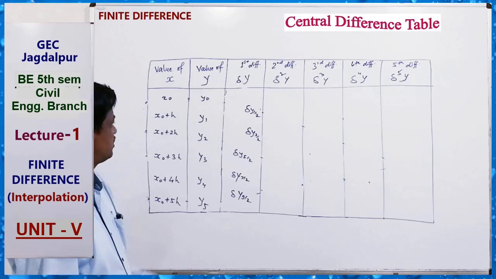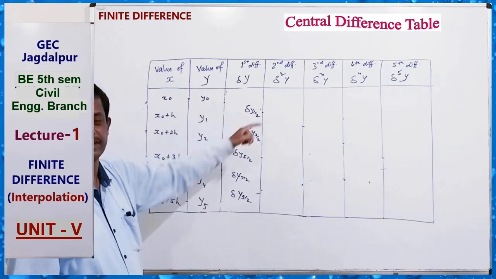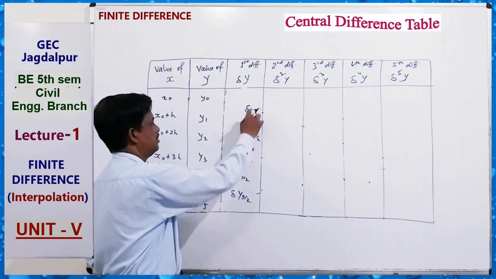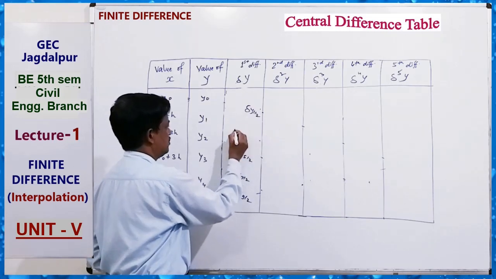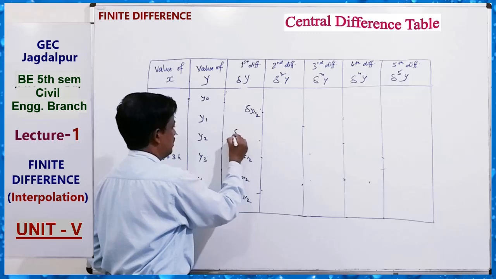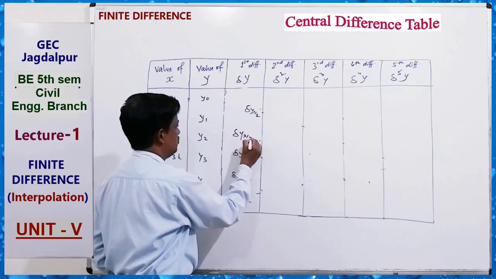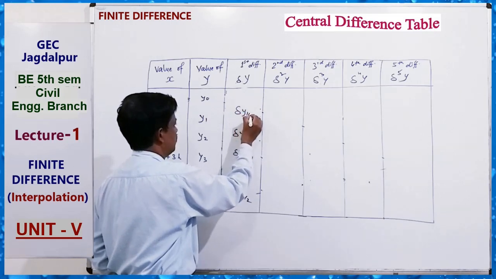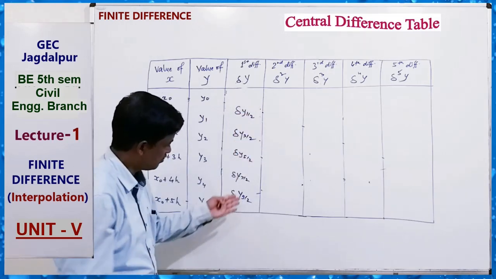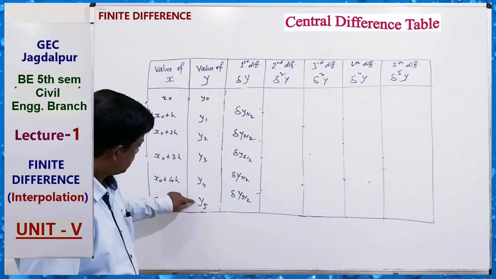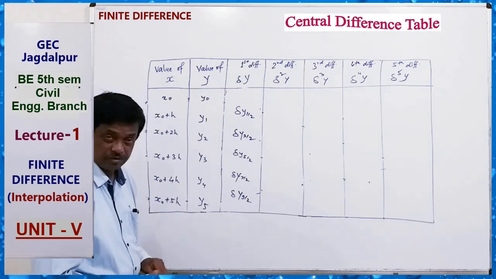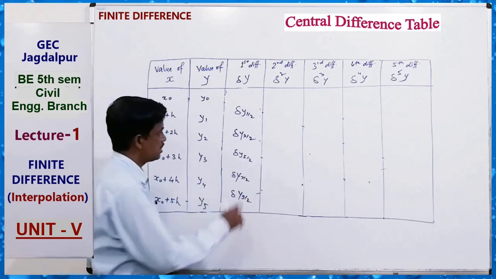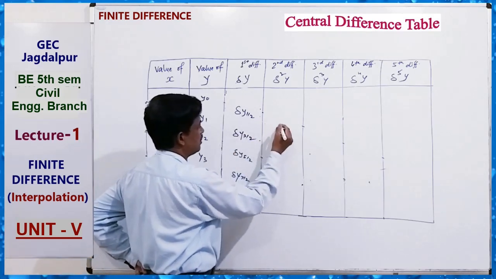The notation is 0, then half. Now subtract this from this. You can write here also delta y 1 by 2 and delta y 3 by 2: 1 by 2, 3 by 2, 5 by 2, 7 by 2, 9 by 2. This minus this, and we know the average of these two is here.